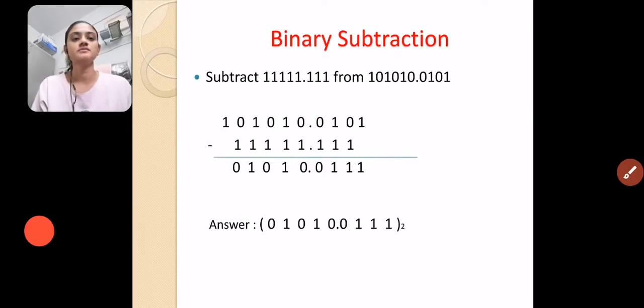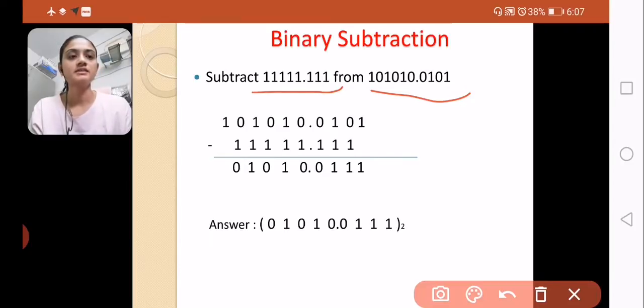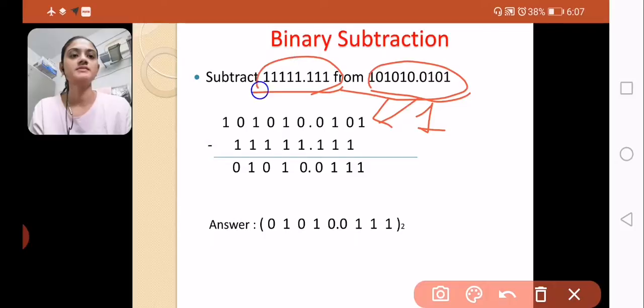Now suppose any subtraction is asked in decimal point form, then also you can easily subtract it using those rules. For example, you are asked to subtract this number from this number. Okay, so don't make a mistake. After the word from, whatever number is given, that will be the first number and this number will be the second number.